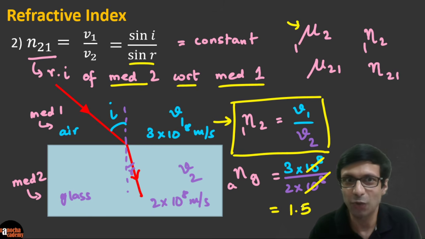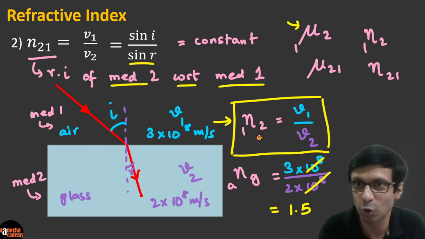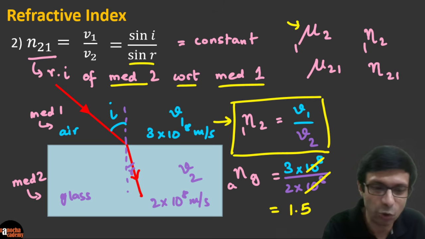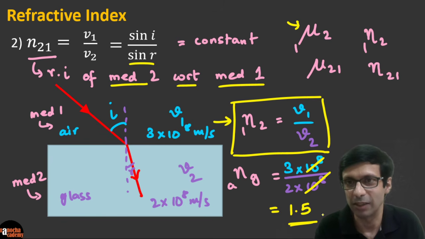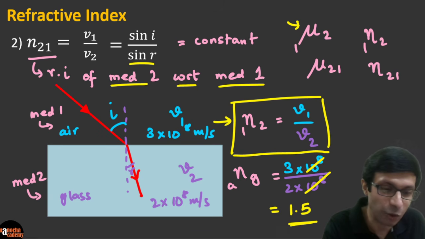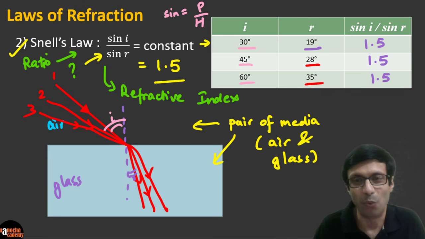Okay, so guys, please follow me here. Can you see that we are getting the refractive index of glass with respect to air? So medium 2 with respect to 1 is working out to be 1.5 when we took the ratio of their velocities, 3 into 10 to the power 8 by 2 into 10 to the power 8. And when we used our sine table also, you saw we got the same value, 1.5.